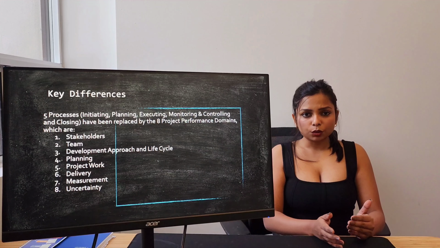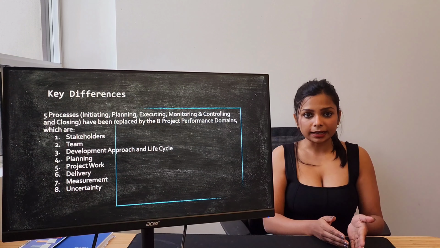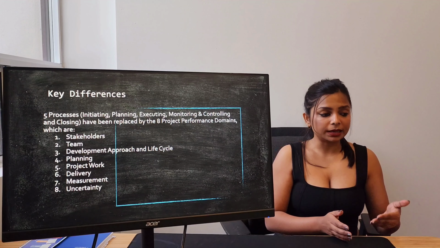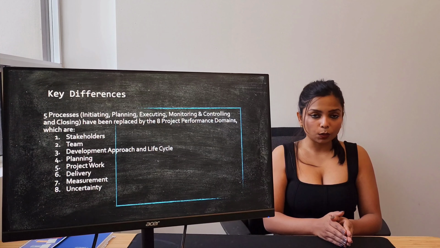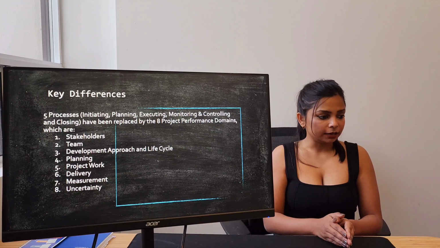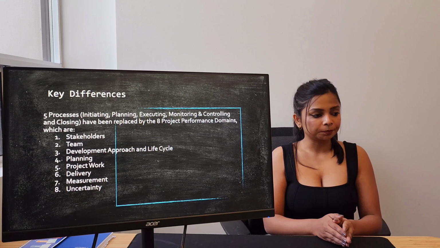As I have told you, there used to be 5 process groups and 10 different knowledge areas. Now these 5 process groups have been replaced by the 8 project performance domains, which are stakeholders, team, development approach and life cycle, planning, project work, delivery, measurement, and uncertainty.